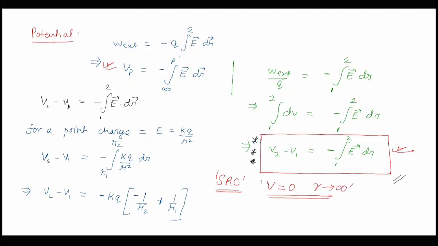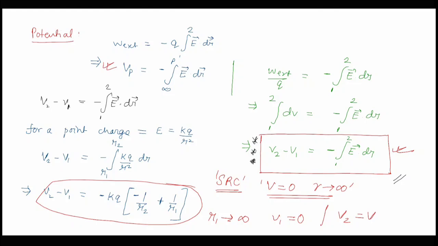So if I say that position 1 approaches infinity in this expression, that is r1 approaches infinity, then V1 will become 0 and V2 can be regarded as potential at a point with respect to a position r2 which is equal to r.